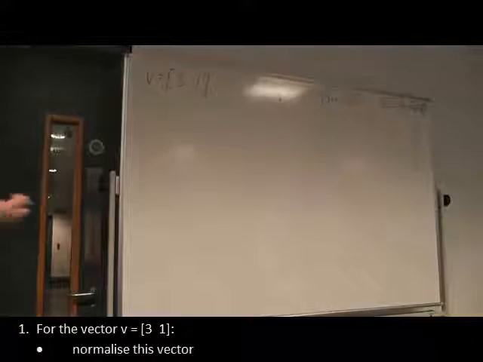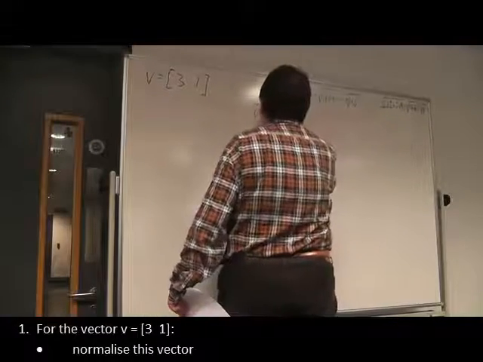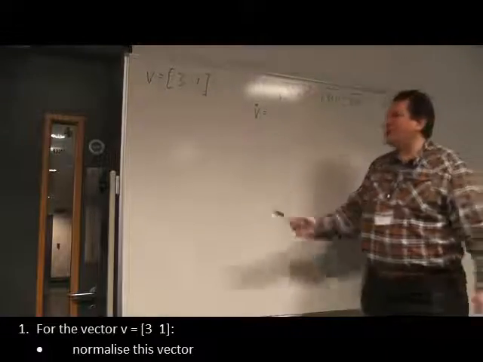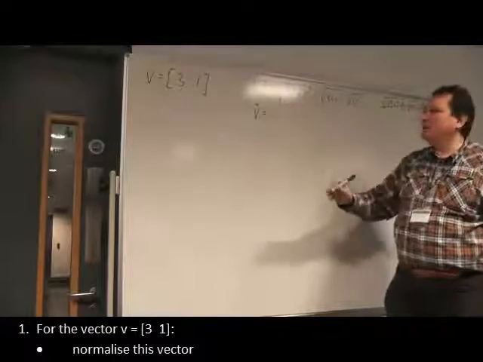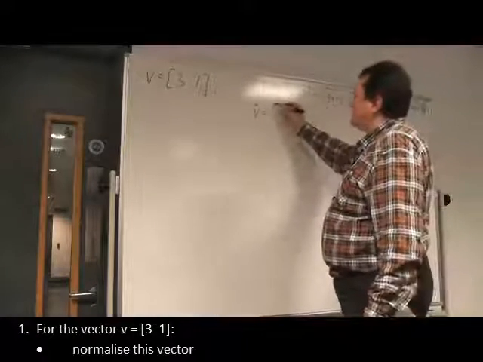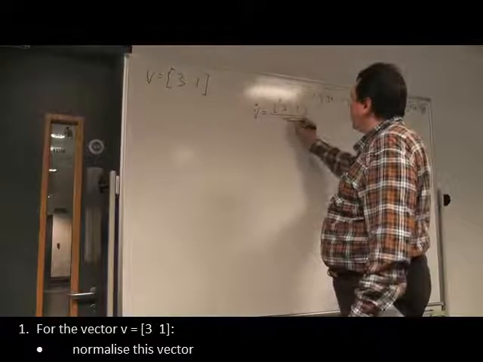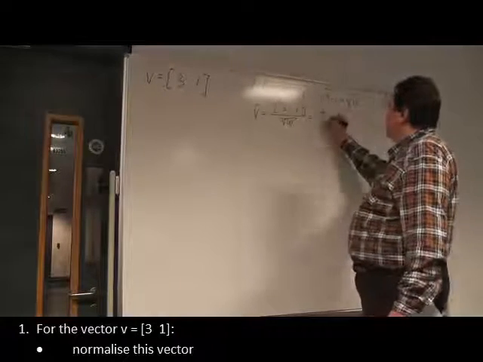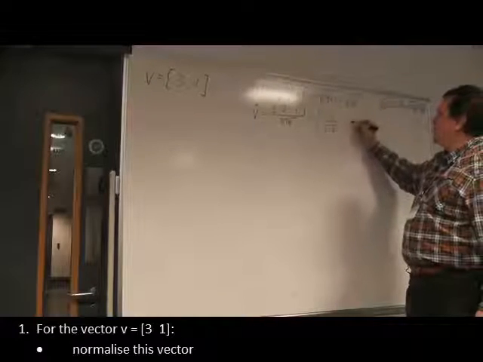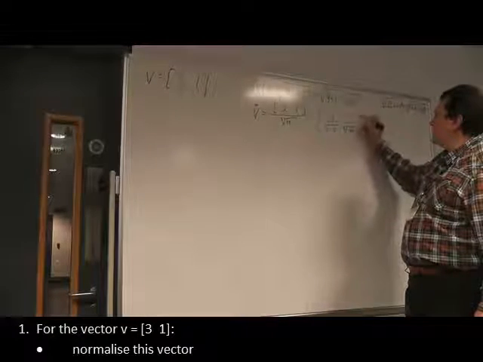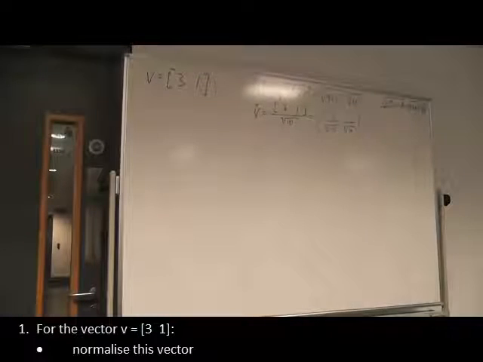Normalize the vector. Normalized vector. You don't have to be very strict with these symbols here. It's my vector 3, 1 divided by square root of 10. So this is vector 3 over square root of 10, 1 over square root of 10. That's the correct answer for this question.